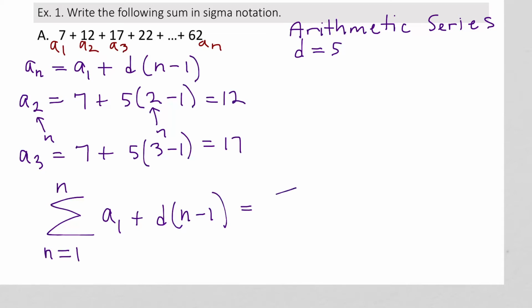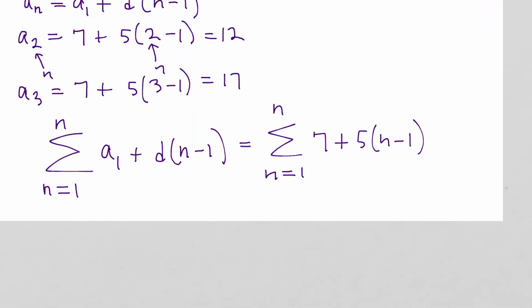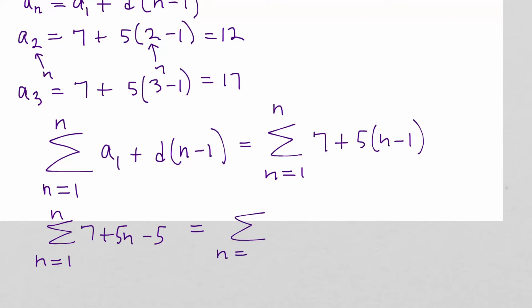So we've got the sum from n is equal to 1 to n of a sub 1, which would be 7, plus 5 times n minus 1. So I can just simplify that a little. n is equal to 1 to the last term n, 7 plus 5n minus 5. So that's n equals 1 to n of 2 plus 5n.